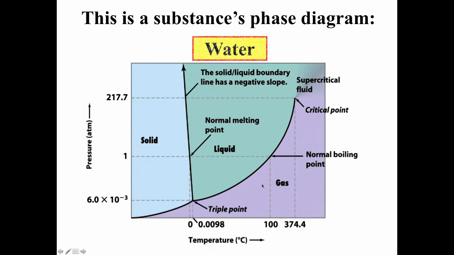Actually, this is for water. And notice here is the equilibrium line between the liquid and the gas. So that's the vapor pressure line we've seen already. Gas to the right and below that line, liquid to the left and above it. But now we also have a solid-liquid equilibrium line and a gas-solid equilibrium line and a few other things.